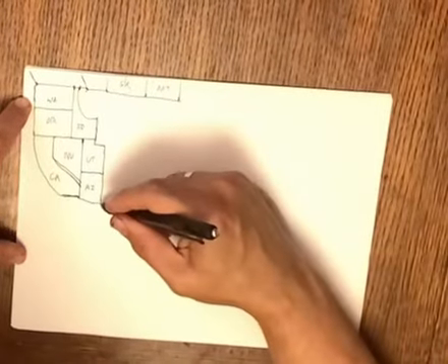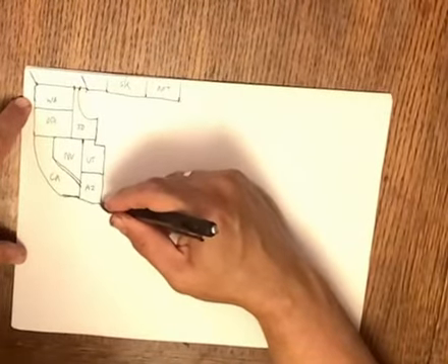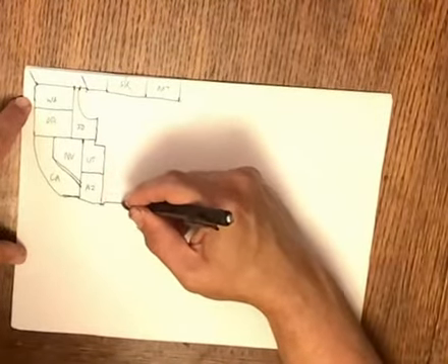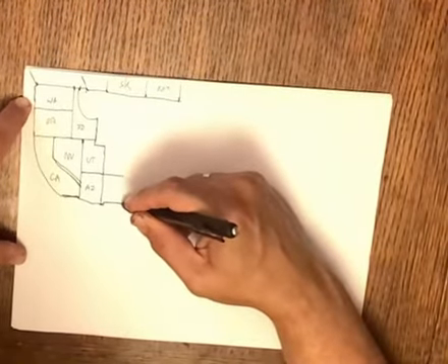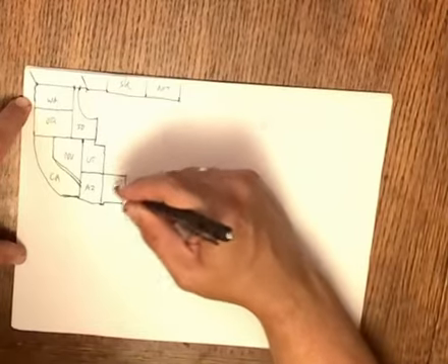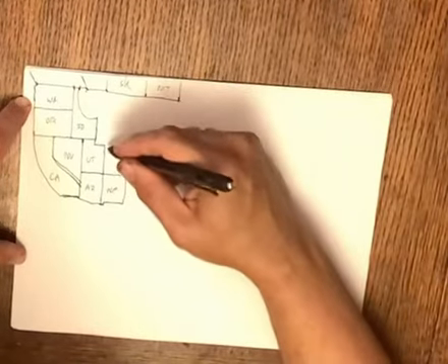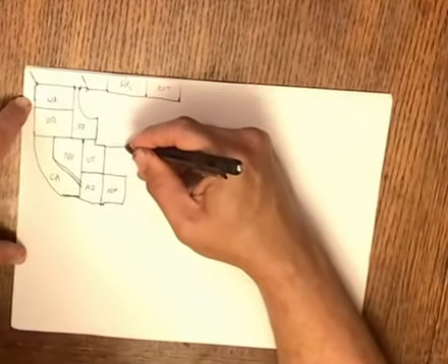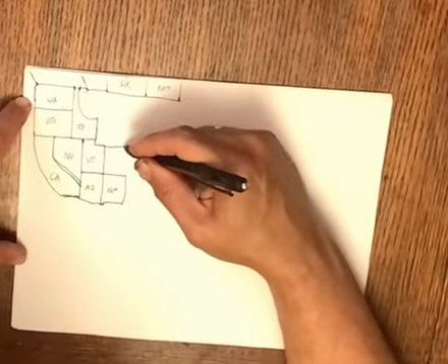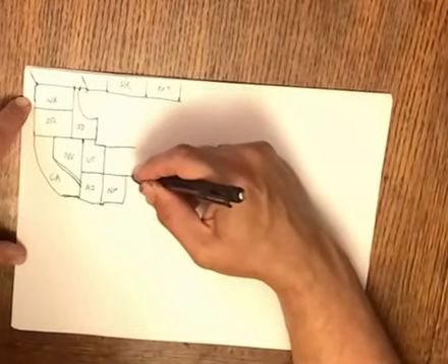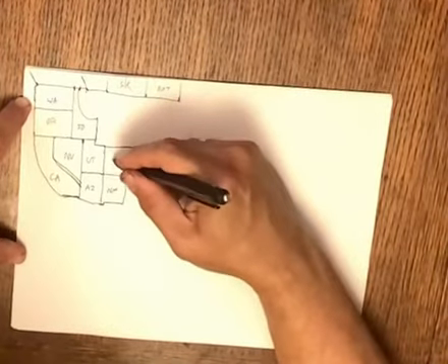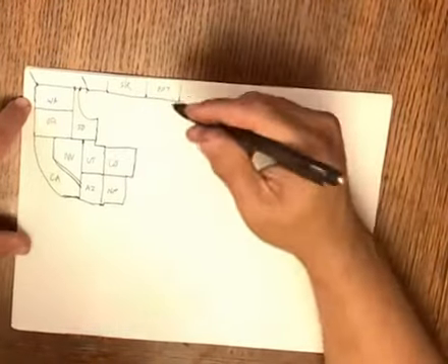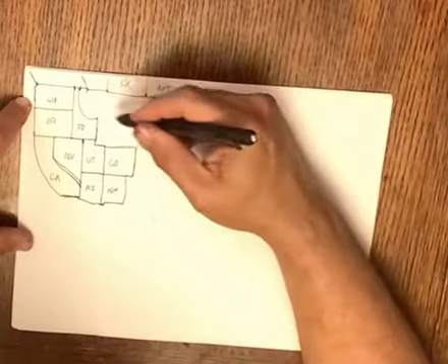Arizona. New Mexico has a little dogleg there. It's about square, but it's maybe a little bit of a tall square. New Mexico, and then Colorado comes over here, but it juts out a little bit past the edge of New Mexico. There's Colorado.